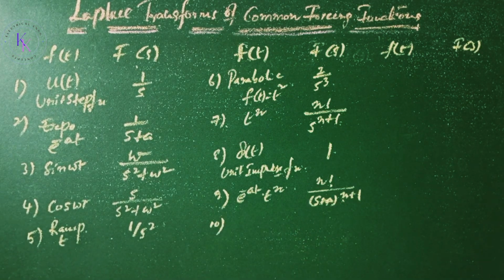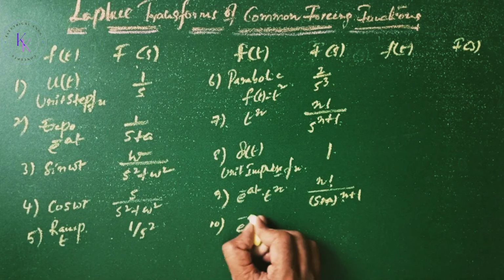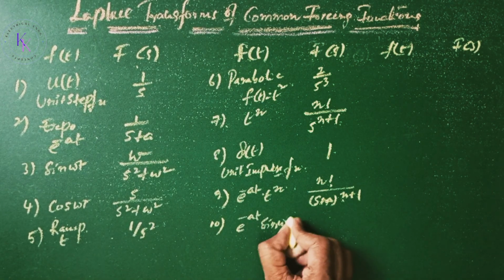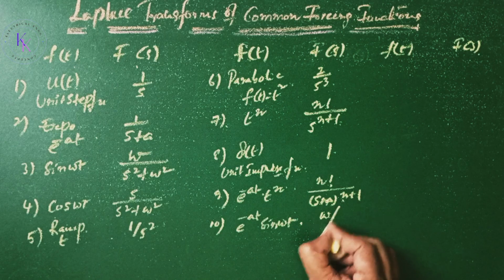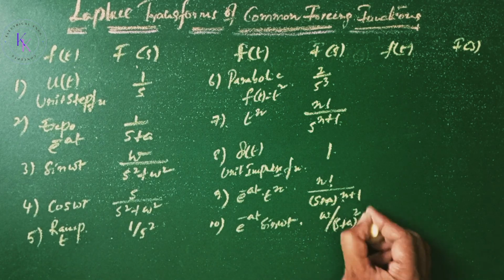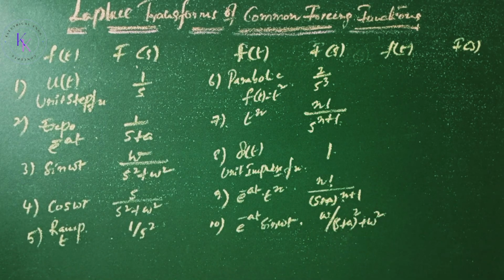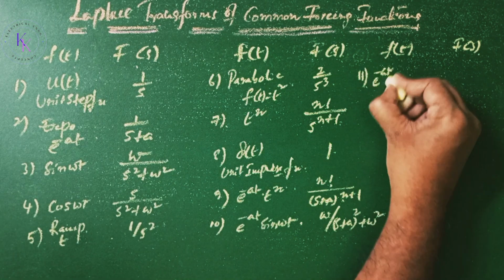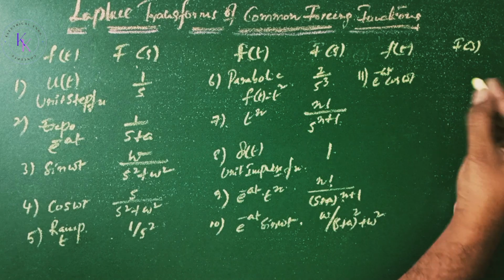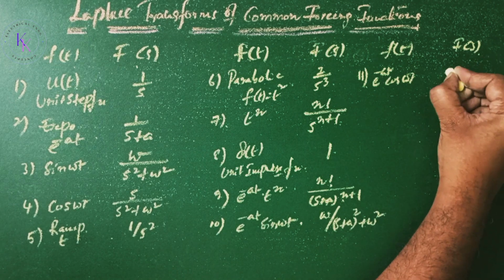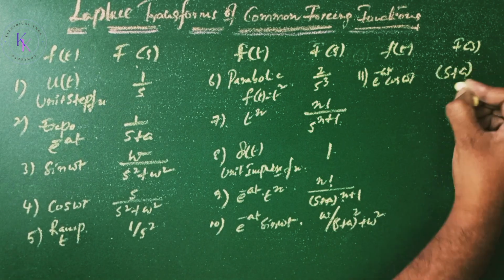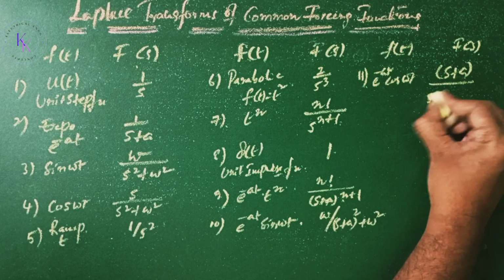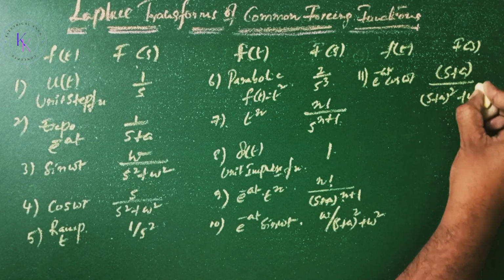Now the 10th one, for e power minus at sin omega t, omega divided by s plus a whole square plus omega square. 11th one, for the function e power minus at cos omega t, the Laplace transform is s plus a divided by s plus a whole square plus omega square.